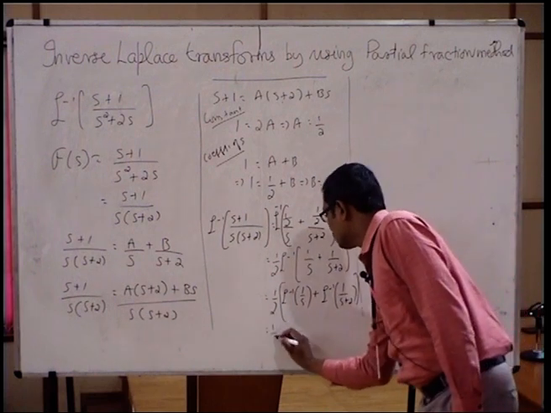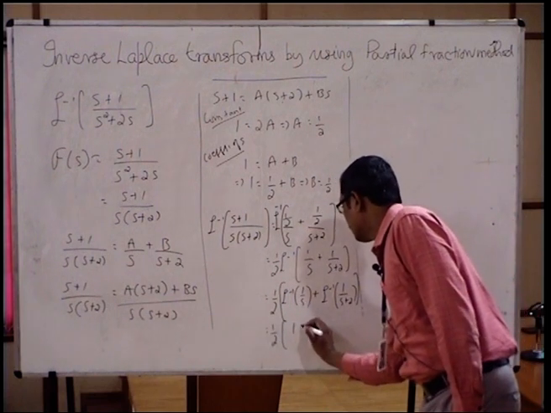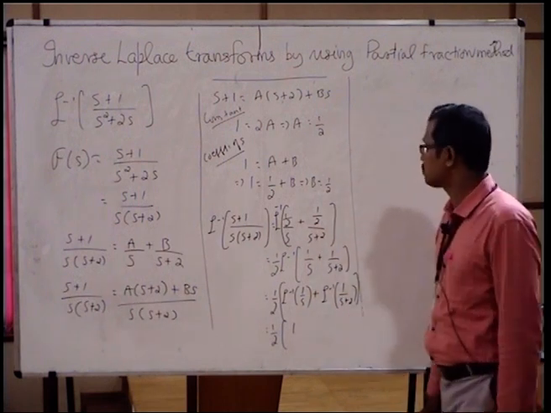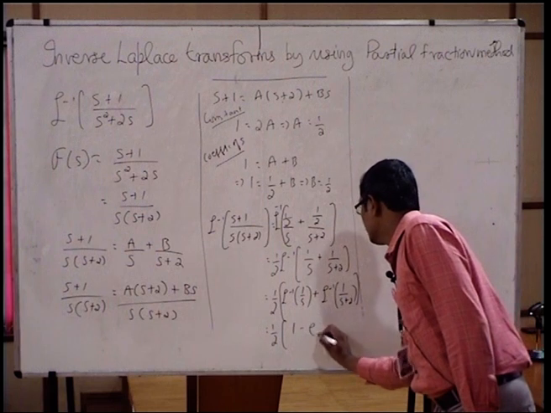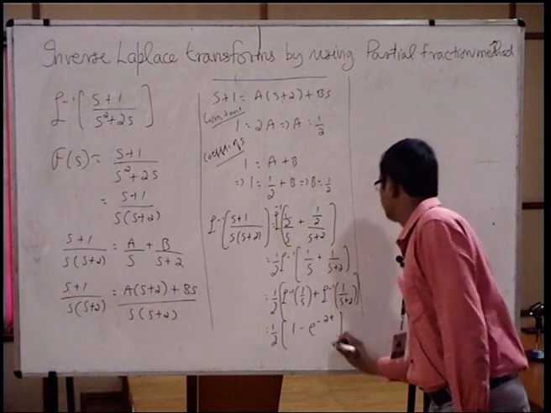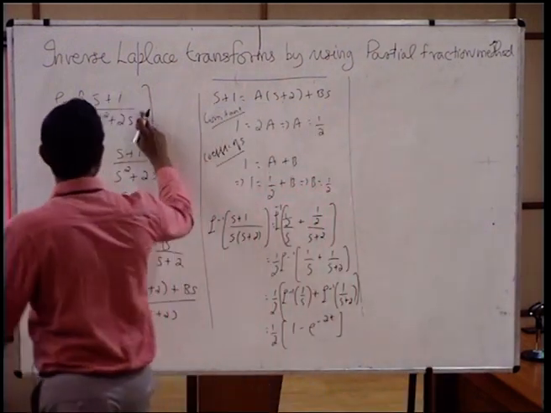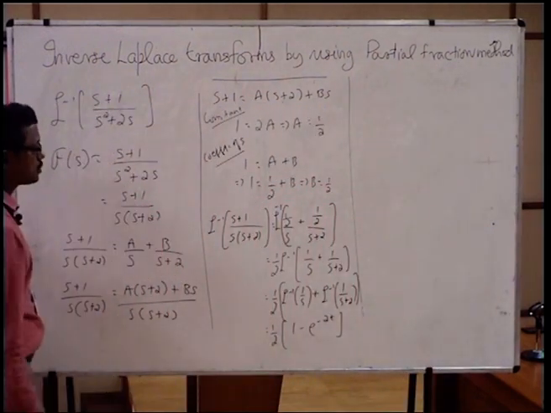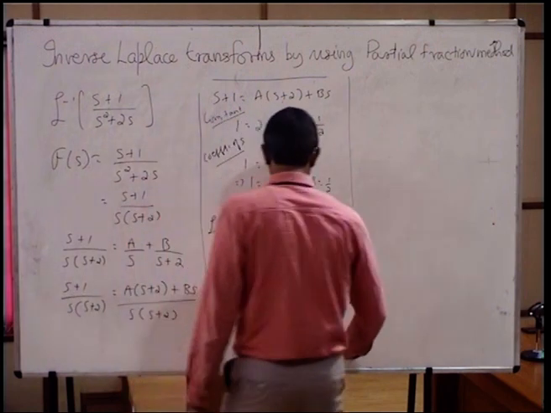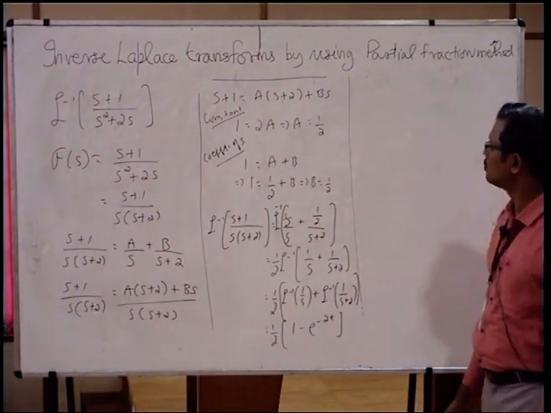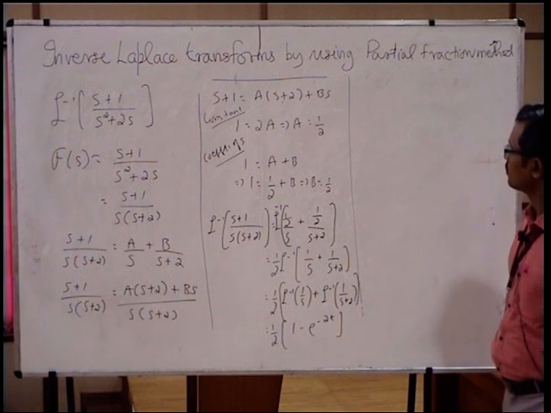So that is equal to 1 by 2 into 1 plus e raised to minus 2t. Therefore, L inverse of (s plus 1) by (s square plus 2s) is equal to 1 by 2 into (1 minus e raised to minus 2t).